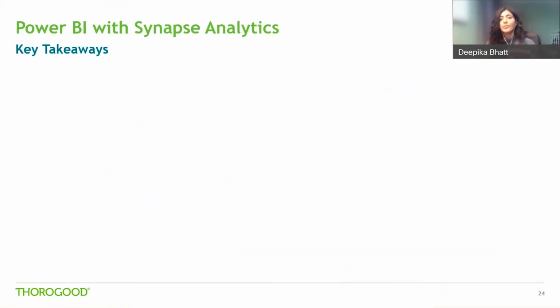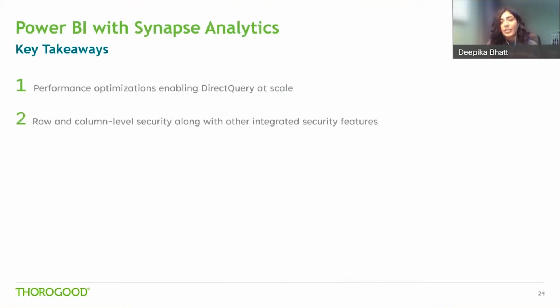So as we come towards the end of this section, a quick summary of the key takeaways on how Power BI and Synapse Analytics can be better together. First of all, using Azure Synapse's performance optimizations, you can enable delivering DirectQuery at scale within your organization, leveraging integrated security features across multiple datasets and reports, and reducing the overhead of managing security across different models.